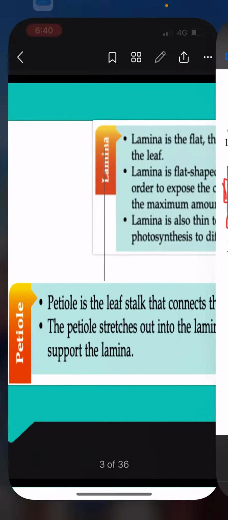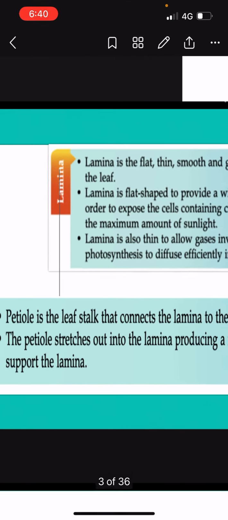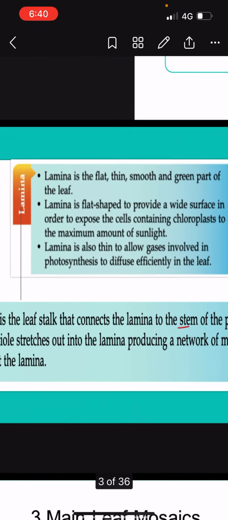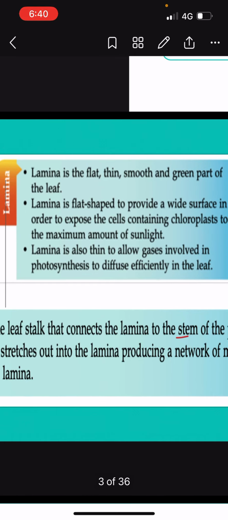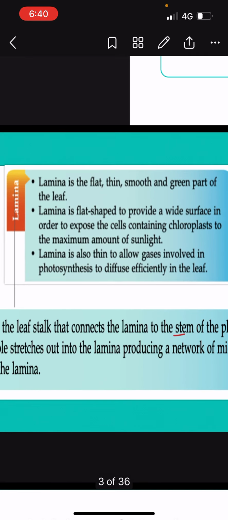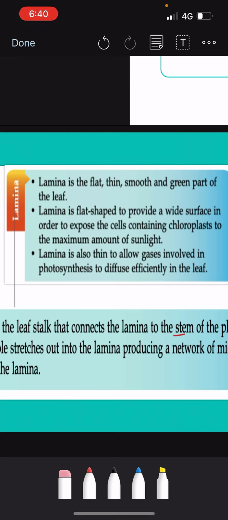So let's look at an example. We do one example, from your textbook. We try to extract information. What is the actual answer they want? Look for 1 characteristic and its function. Here what we can see is, it is flat shape to provide wide surface. This is characteristic number 1.